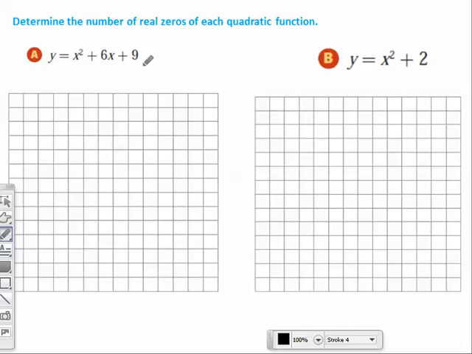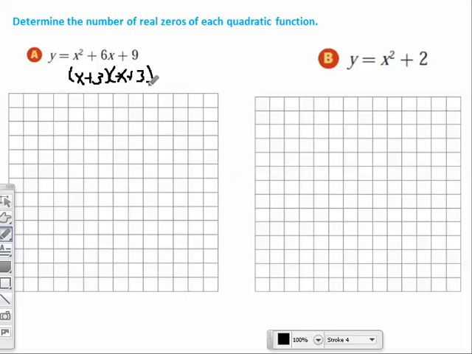If I'm looking at an equation like this, I can try and factor it. Okay? If I'm factoring this, it's going to be 3 times x plus 3 and x plus 3. See how these are the same values?